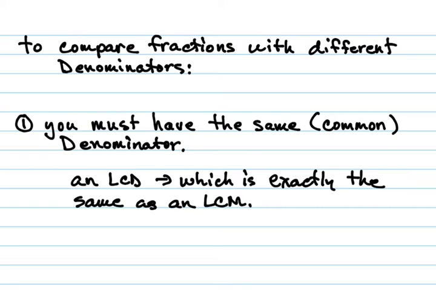The only difference is that now it's in the bottom of a fraction where before it was just a number. We looked at how to find the LCM of numbers by using that upside down division symbol and then multiplying those things, or a factor tree, if that's what you like. Whatever process you like, that's what you should do. And some numbers are so easy and so quick that you can just find them.